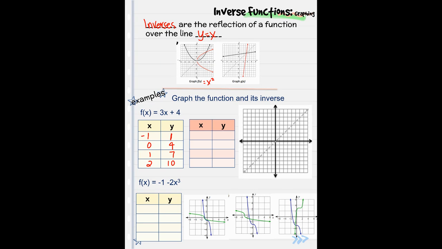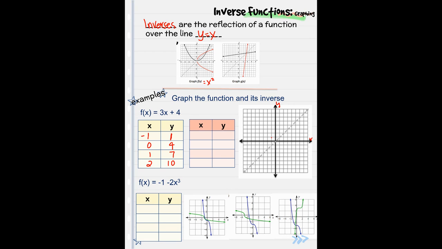All right, so I'm going to come over to my graph and I'm going to plot those points. Remember, we go x's first, and this is our x-axis. This is our y. -1, 1. It's right here. 0, 4.